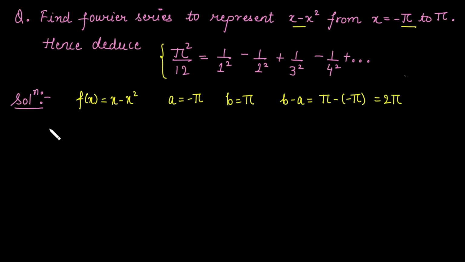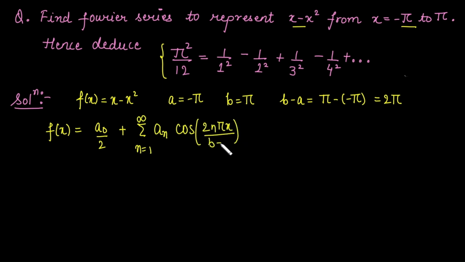Now write the Fourier series formula. f(x) is equal to a0 by 2 plus summation n from 1 to infinity an cos of 2n pi x by b minus a, plus summation n from 1 to infinity bn sine of the same angle, that is 2n pi x divided by b minus a.